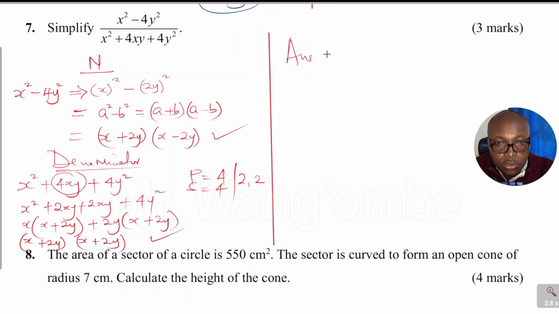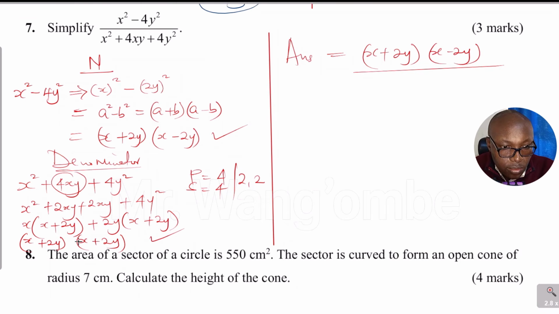Now let's get the final solution, the simplified one. What we got in the numerator is x plus 2y multiplied by x minus 2y. Then what we got in the denominator is x plus 2y, x plus 2y.